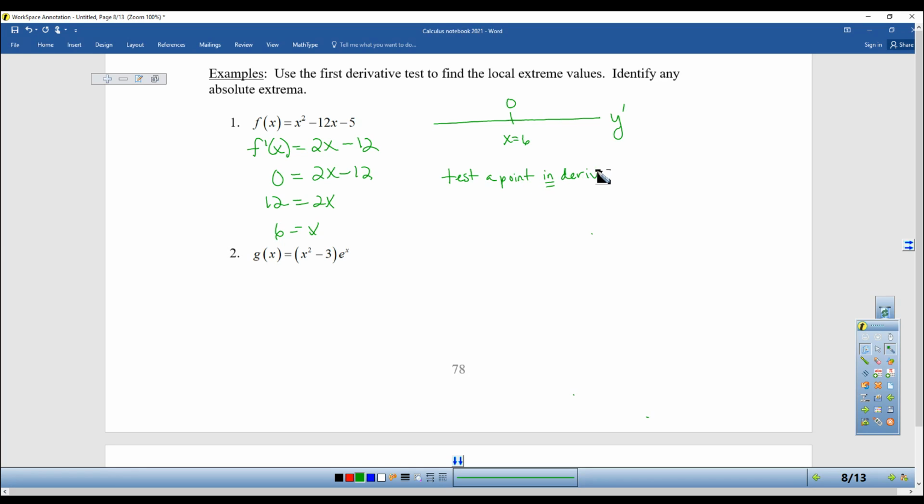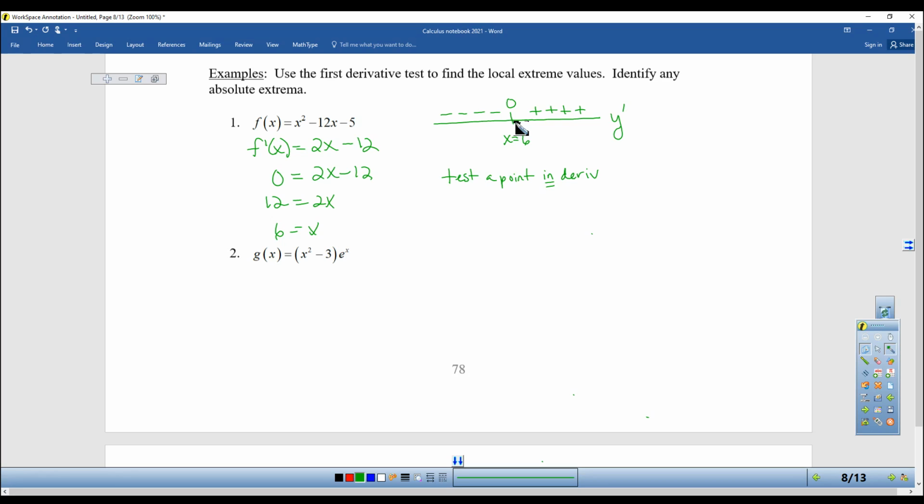I want to know about the slopes before 6. So if I put in a number like 3, 2 times 3 is 6 minus 12, it's negative. And I could have tested any point and they all would have come out negative in that interval. If I tested a number bigger than 6, like 12, then 12 times 2 minus 12 is definitely positive. I could have picked anything and it would have come out that way.